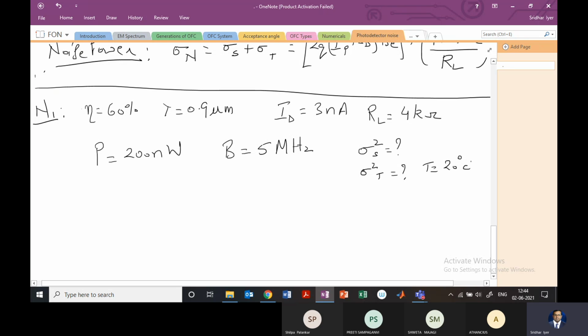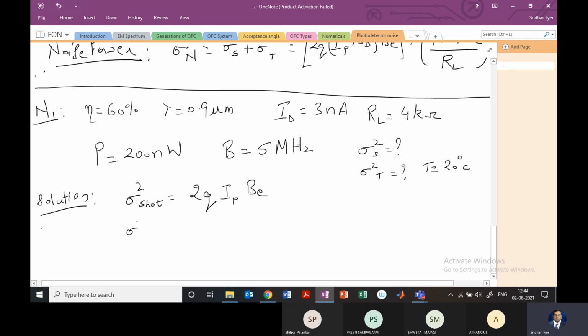So all we have to do is we need to find the shot noise value and the thermal noise value. So we'll first write those equations and see what is missing for us, right? If I want to find sigma square shot, the equation is 2q Ip B, right?